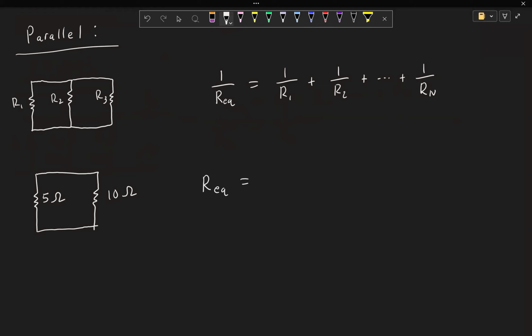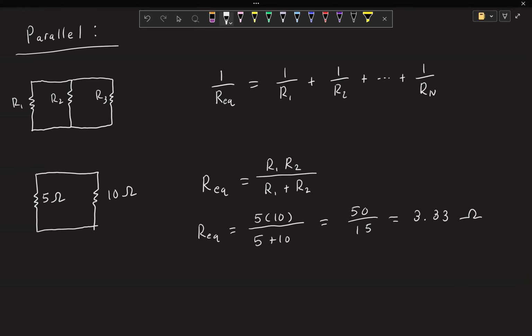And that's for if you have 2 resistors, then the equivalent resistance is just R1, R2 over R1 plus R2. So in this case, the equivalent resistance is just 5 times 10 over 5 plus 10, which equals 50 over 15, which is equal to 3.33 ohms.